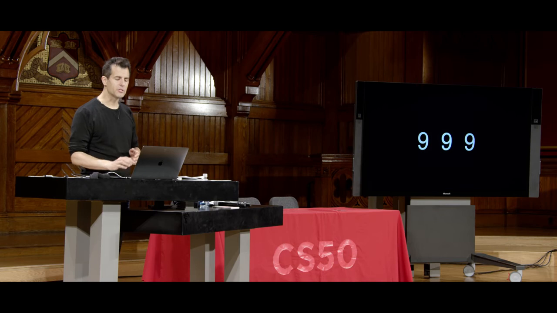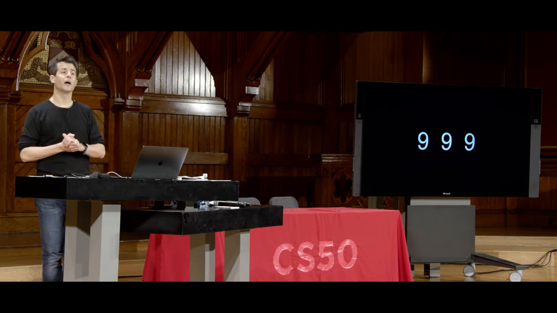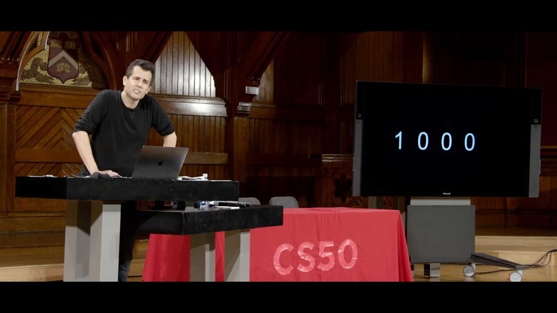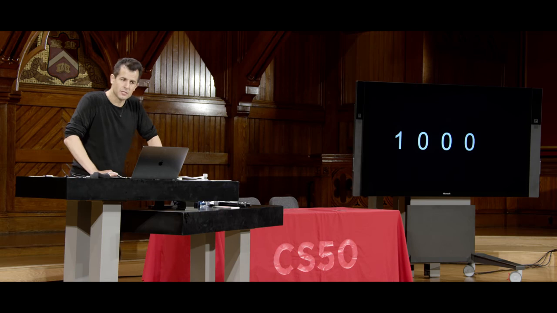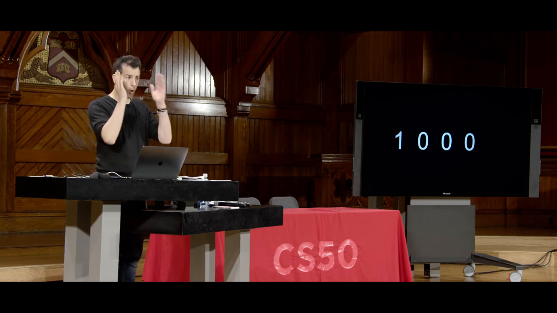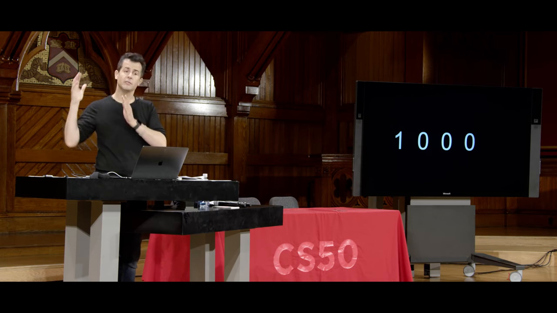But this has implications for what computers do too. Because suppose that we consider a bigger number, like 999. And so what do you get when you add 1 to 999? Well, you carry the 1, you carry the 1, and you get, hopefully, 1,000. But what if your computer only has space for 3 digits? Or what if your phone, or your alarm clock, or whatever the device is, literally only has room for 3 digits?